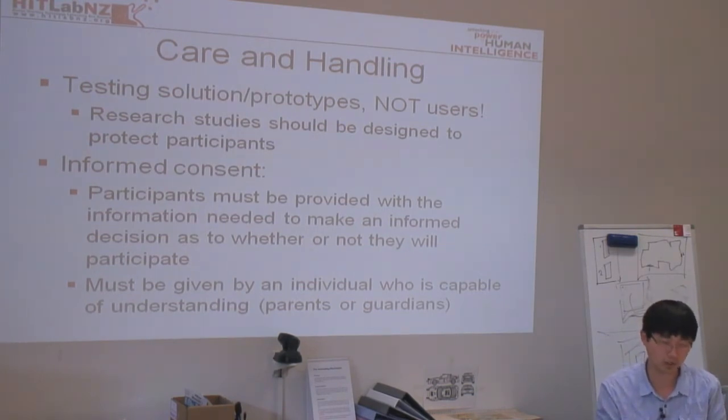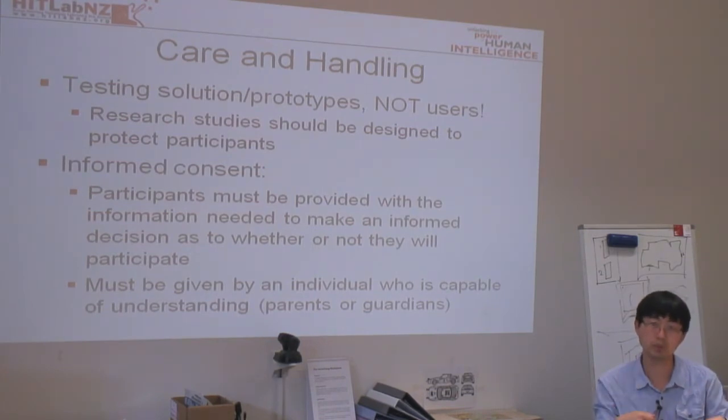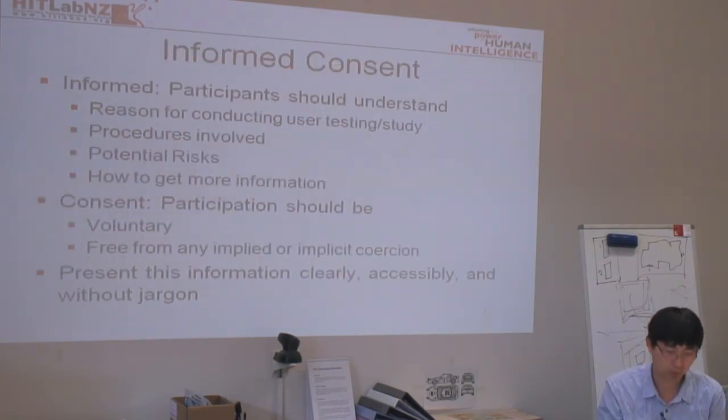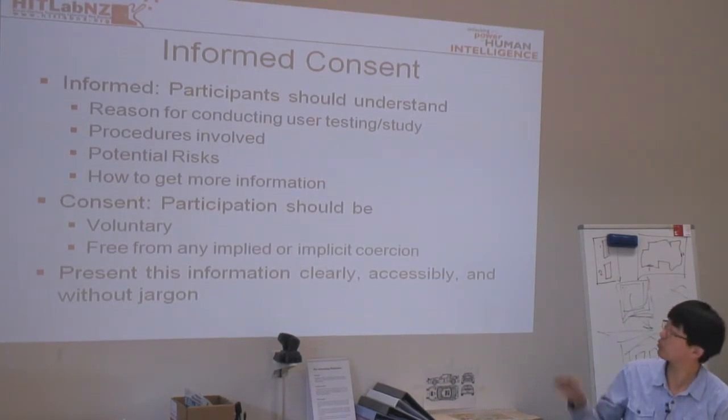And at the end, it's not enough to just let them have that piece of paper and read them through, but it's always important that you have an agreement from the participant that they agree with participating in the study.